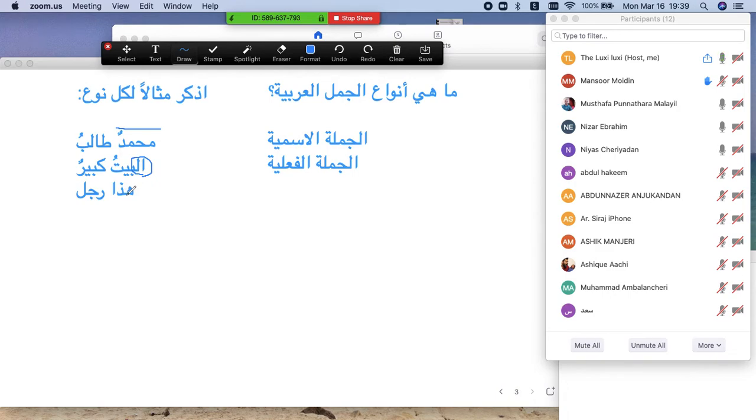If you say this one here, you're meaning something specific. It's of course definite. So all of these here are ma'rifah, whereas the khabar is nakira. That is for the jumla ismiya.